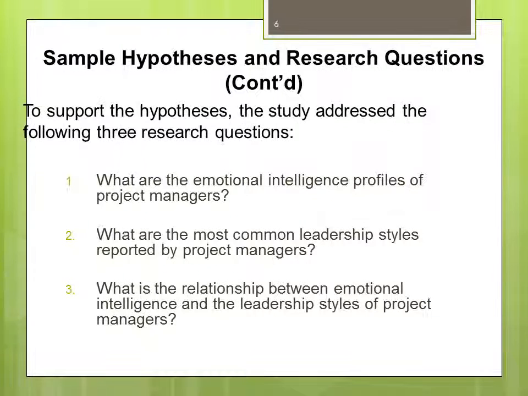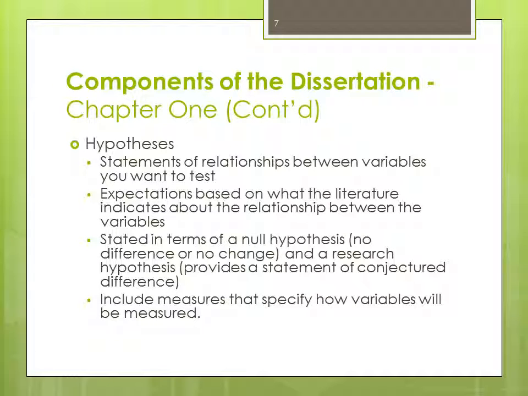And as we did for research, we're going to define what a hypothesis is. A research hypothesis is a statement of expectations or predictions that will be tested by research, a statement of relationship between variables you want to test, with expectations based on what the literature indicates about the relationship between the variables.